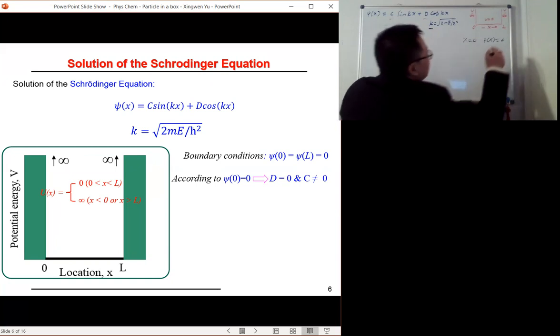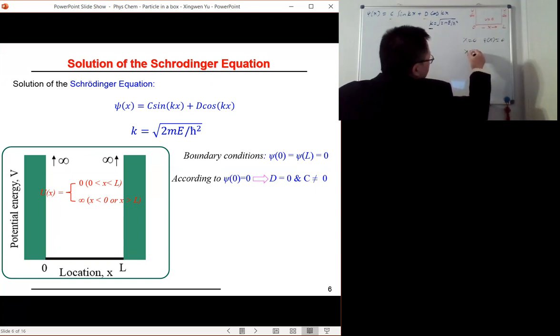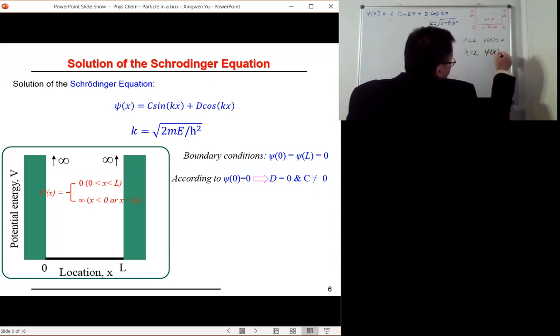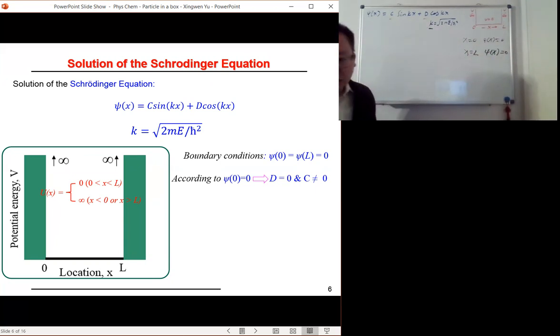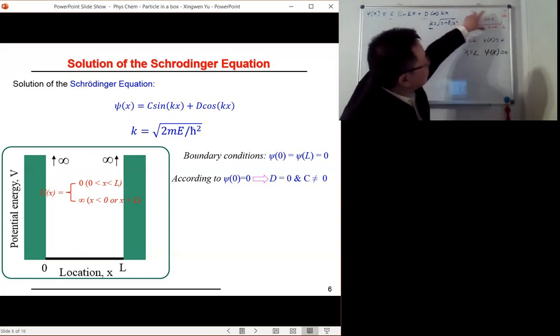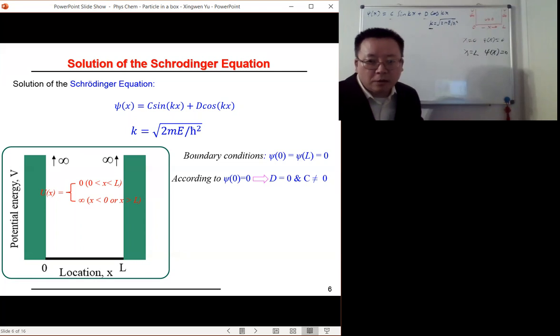In the other case, if the particle is on the right side wall, x is L, it's also 0. The wave function is 0 on the walls on both sides.